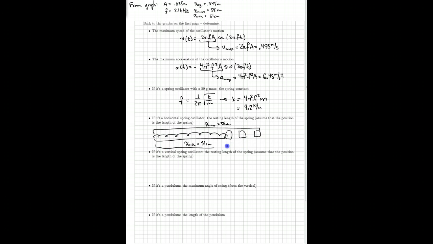So the x at equilibrium is 54.5 centimeters. And if this is a horizontal spring, the equilibrium point is also where the spring is not stretched at all. So that must be the natural length. As if it were stretched at equilibrium, there's no other force opposing it, it would accelerate, which means it's not the equilibrium point.